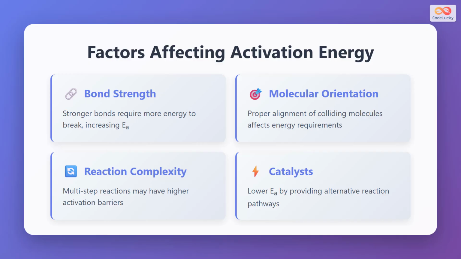Multi-step reactions often have higher energy barriers because multiple bond-breaking and bond-forming events must occur. Finally, catalysts are special substances that lower activation energy by providing an alternative reaction pathway with a lower energy barrier, making reactions proceed faster without being consumed themselves.